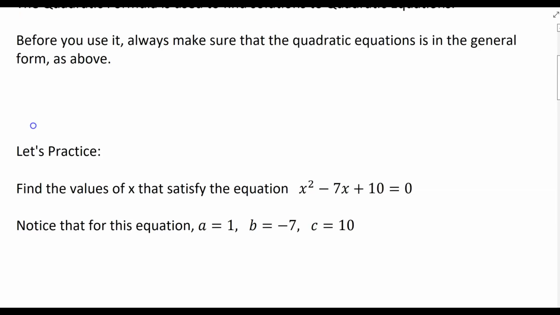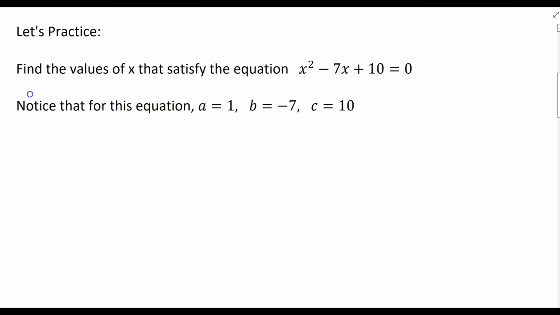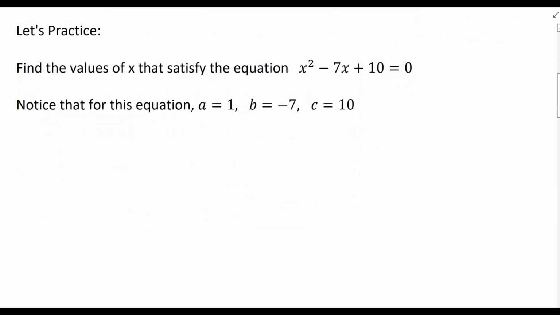So let's practice. I've got an equation here. Find the values of x that satisfy this quadratic equation: x squared minus 7x plus 10 equals 0.